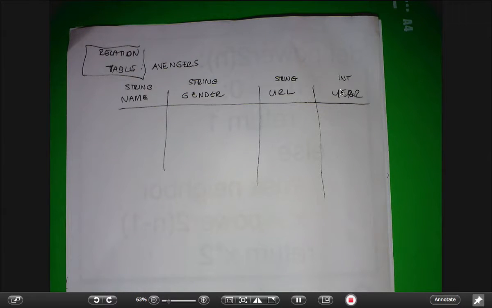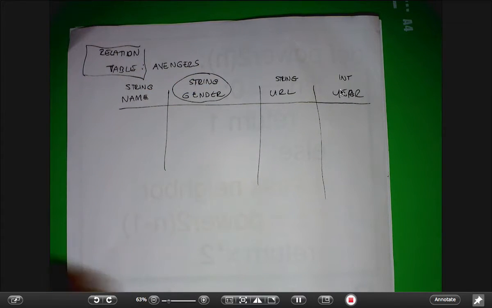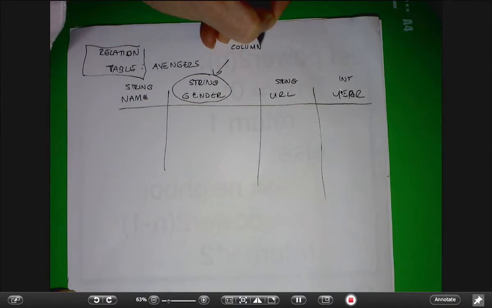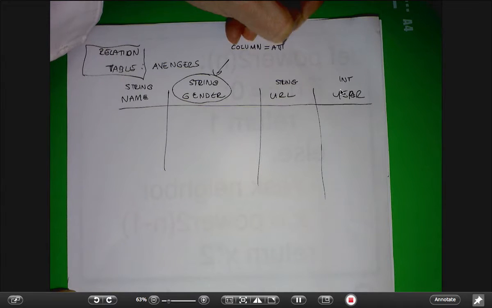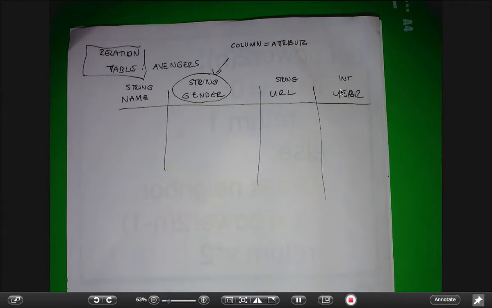But remember, when you store something in a table, it's a physical implementation of a relation. In the same way, each attribute in a table is also called a column. Column and attribute are the same thing.